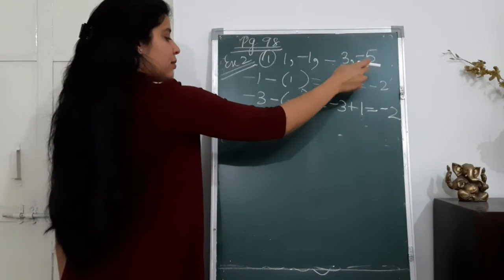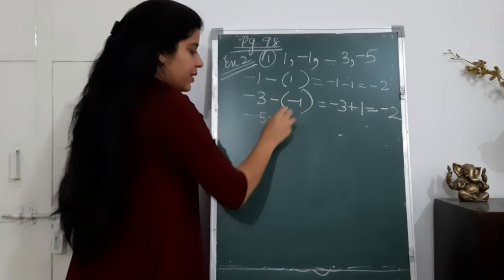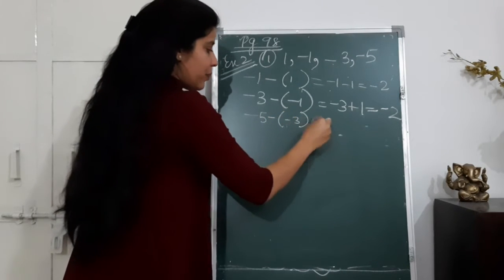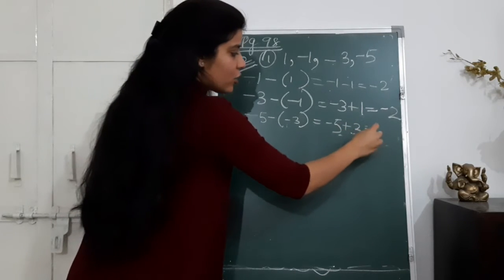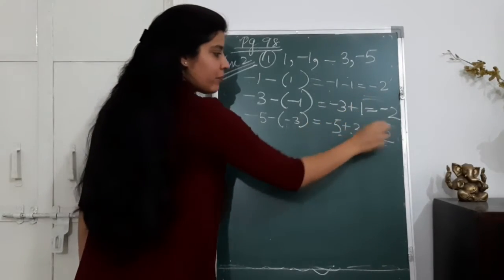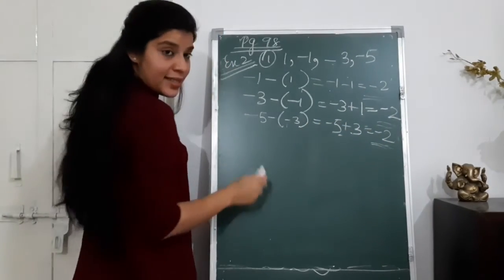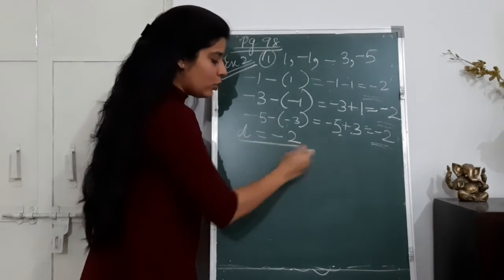Then minus 3 and minus 1, then minus 5 minus 3, which is minus 5 plus 3, which is also equal to minus 2. So clearly these three numbers are the same. Agreed? So this is an AP with a common difference of minus 2.